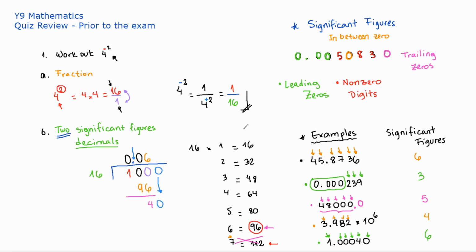Maybe I have to look for a number that is below 40, but close to 40. So I'm going to check my numbers on the table. And I see that number 3 gives 48, but number 2 is below 40. This goes above 40, so I can't use a 3 and 48. But when I multiply it times 2, I get 32, which is below 40, and I can use this, okay?